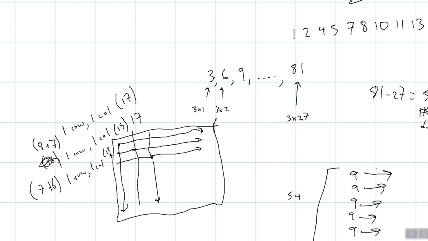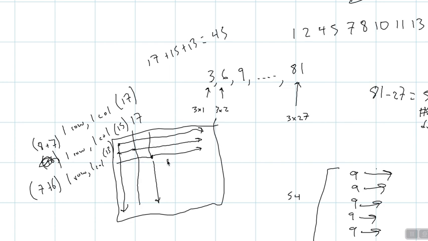So this is 13. So 17 plus 15 plus 13 is 45. And then if we go down again, so far we're up to 6 here.